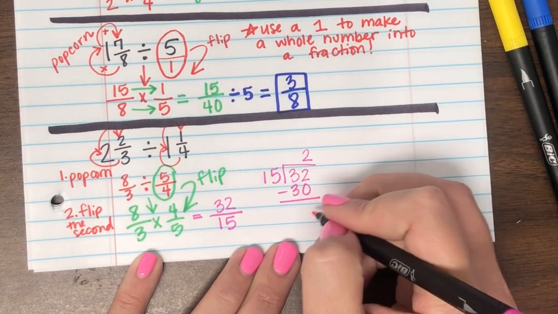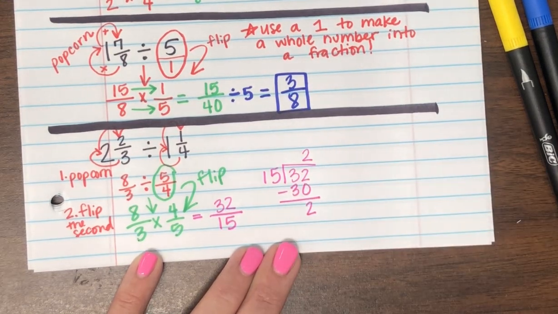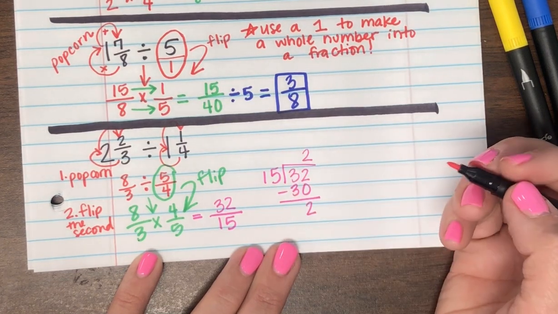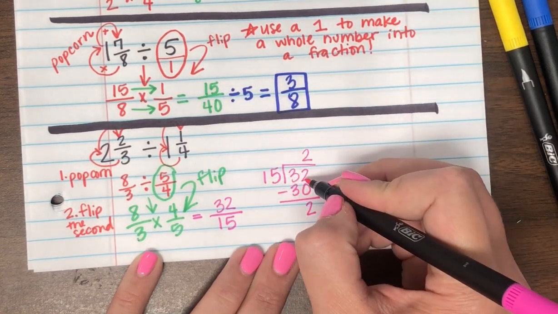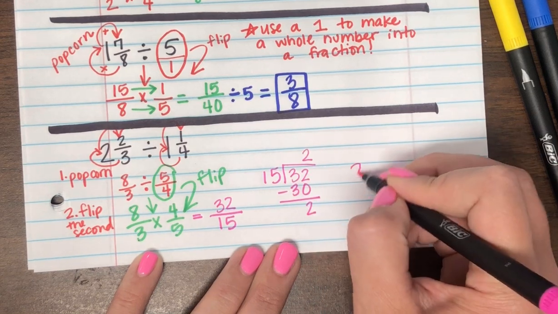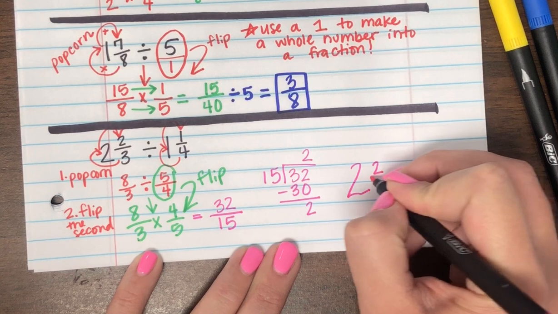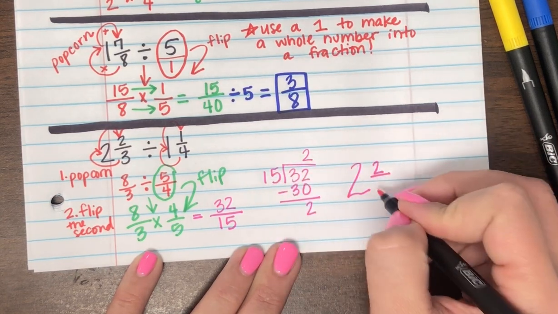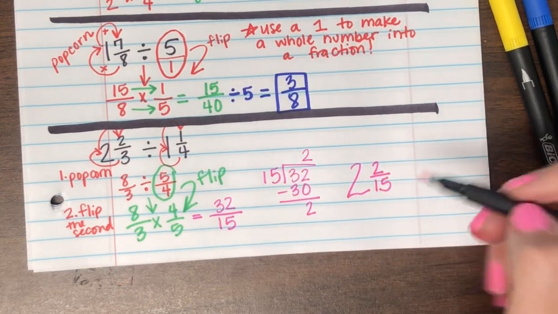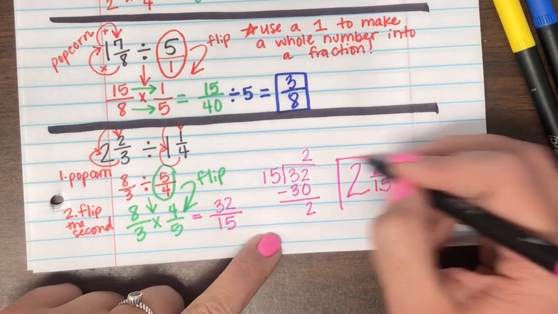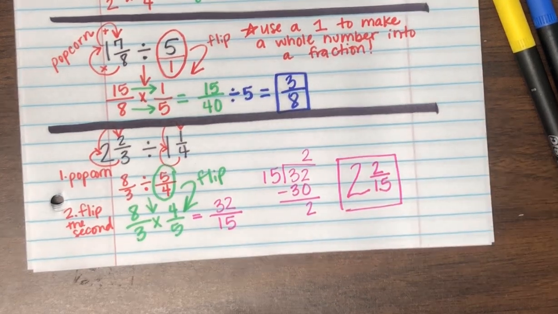When I subtract, there's 2 left over. So let's rewrite this as our final answer and see if we're finished. So 15 went into 32 2 whole times, with 2 as my remainder left over out of 15. At this point, 2/15, I can't simplify that at all, so that's my final answer there.